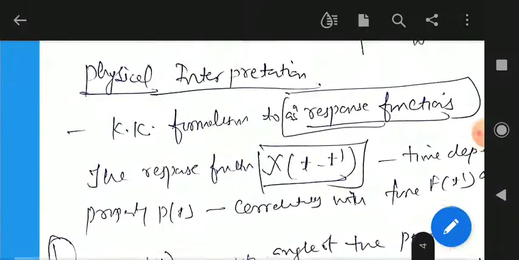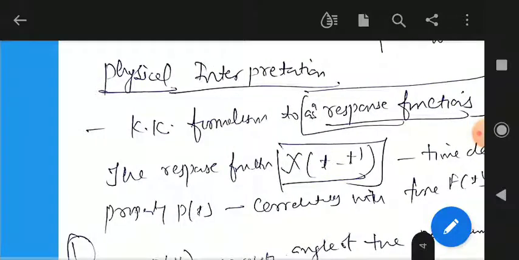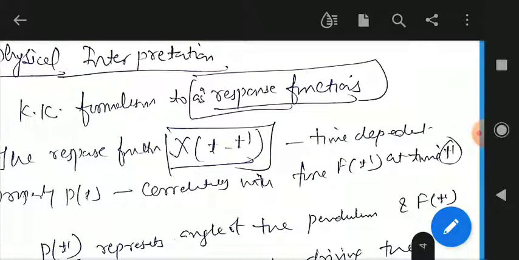Now what is the physical interpretation of it? The KK formulation treats the response function as a function of frequency. We see that χ is a function of t − t′, a time-dependent function, and the property p corresponds to the force f(t′) at time t′.